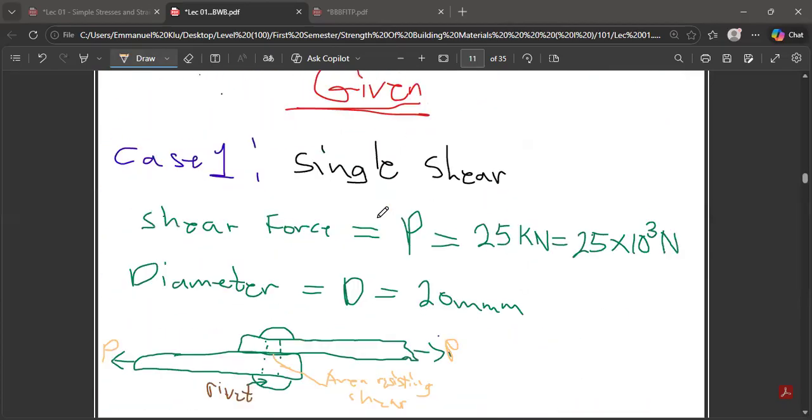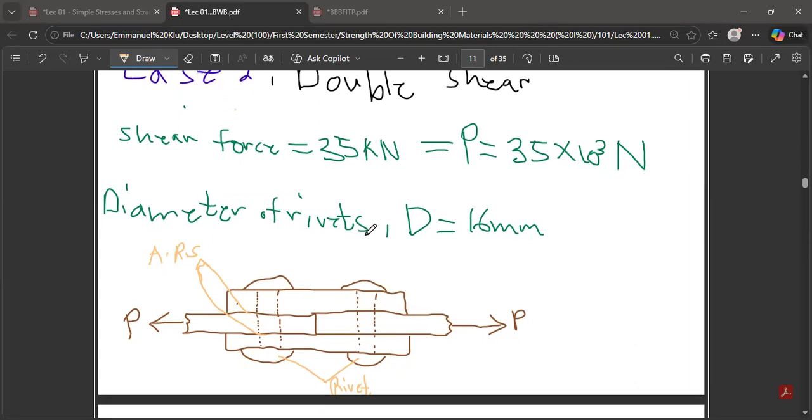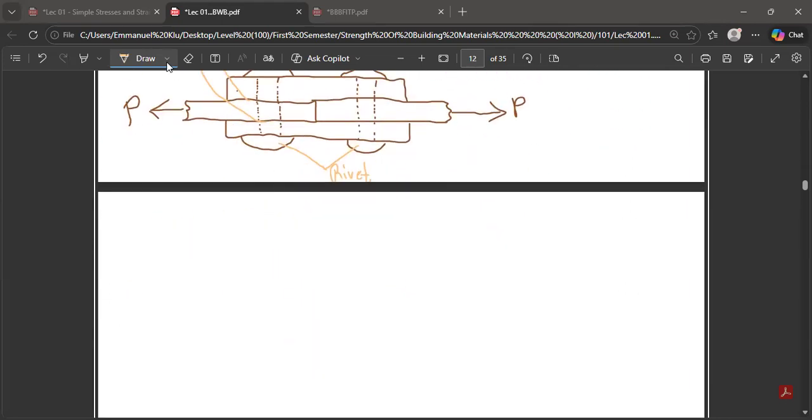So we have case one and also case two. They say we should calculate the maximum shear stress in the rivets in the cases below. So let's just go to the solution and life becomes easy.